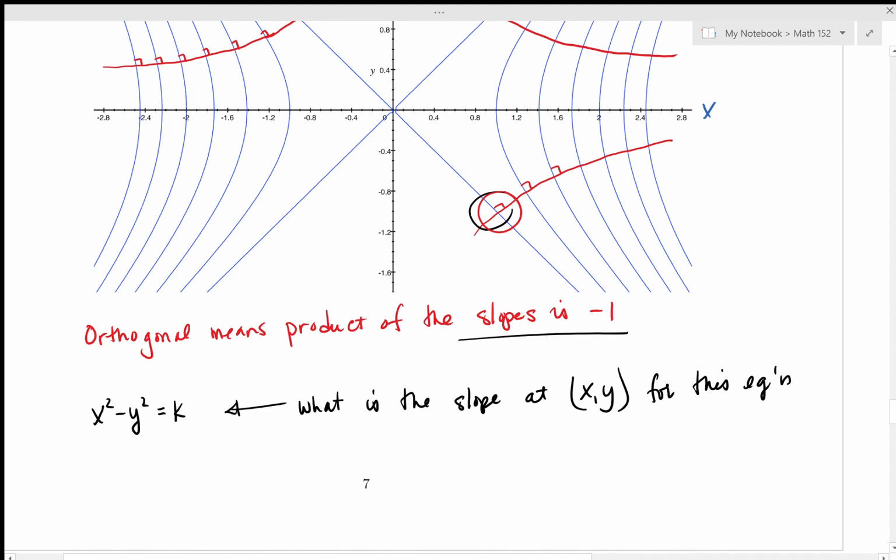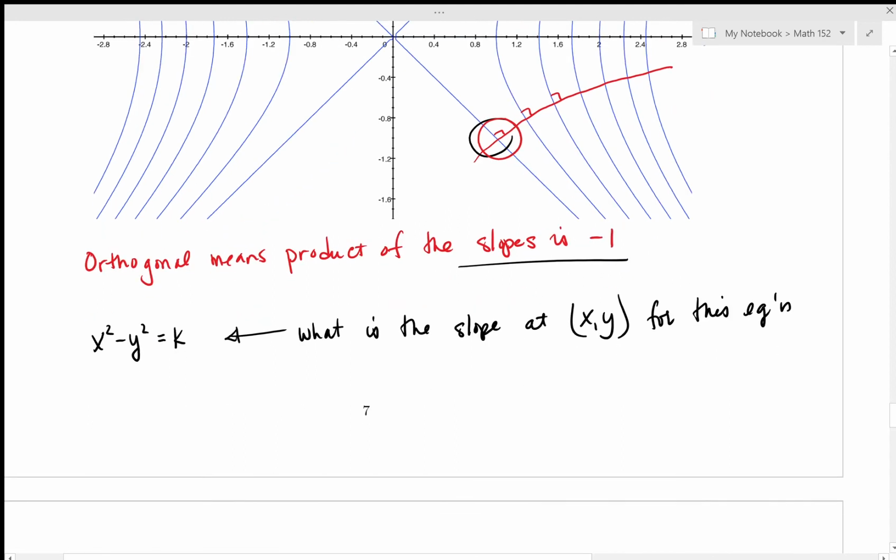How do I find a slope? Well, I take a derivative. In this case, I'm going to take the derivative implicitly with respect to x, differentiating with respect to x, and then solve for y prime. y prime is dy by dx. I find that dy by dx is equal to x over y. So that is the slope at x, y for that family of blue hyperbolas.